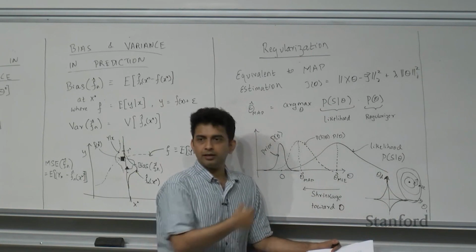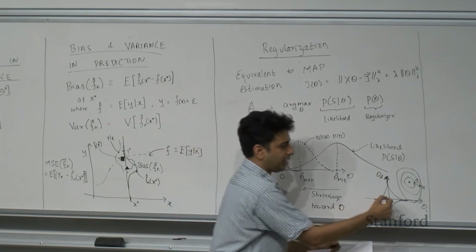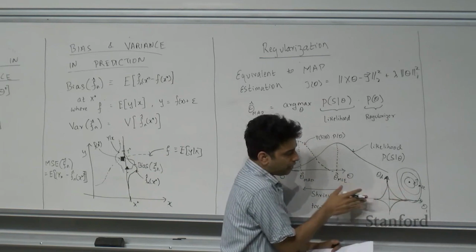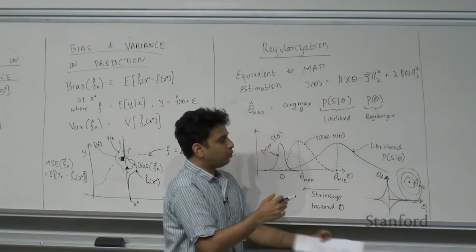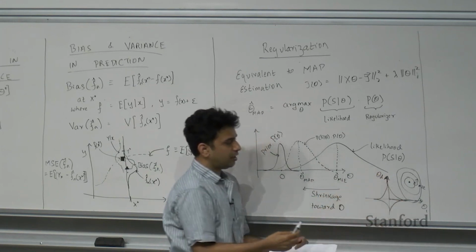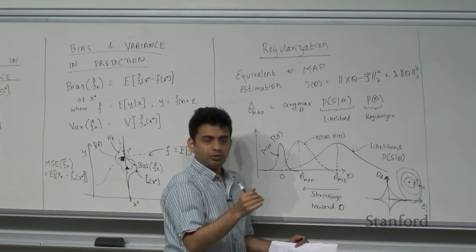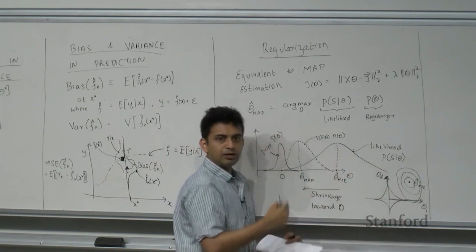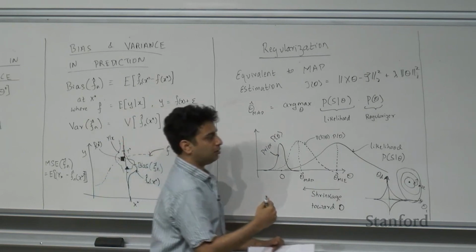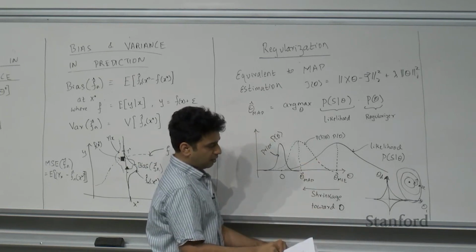And in high dimensional spaces it turns out that this results in sparse parameters, which means most of the theta i values will be exactly 0 because it's going to be along the axis. The way the prior is structured is that if you want to reach out as far as possible and still have high prior probability, but still stretch out as far as possible to theta hat, you need to do that along the axes.